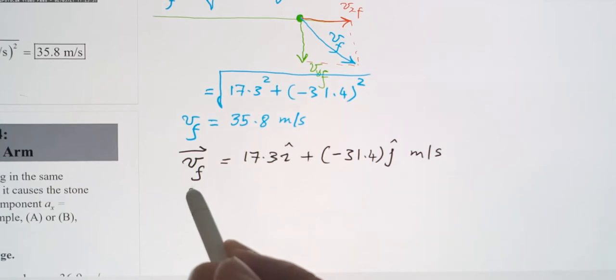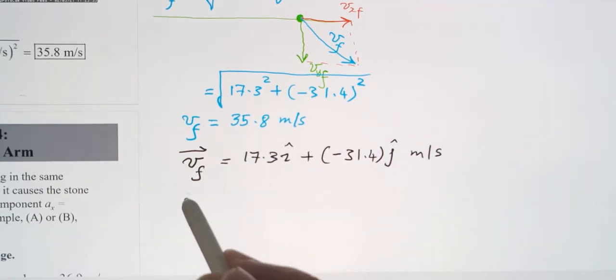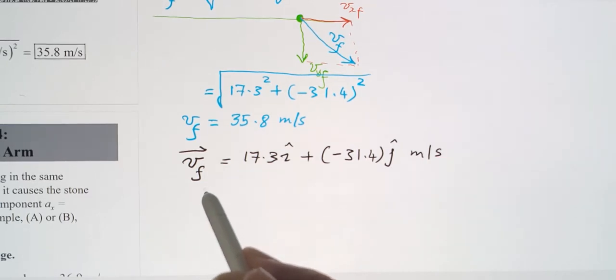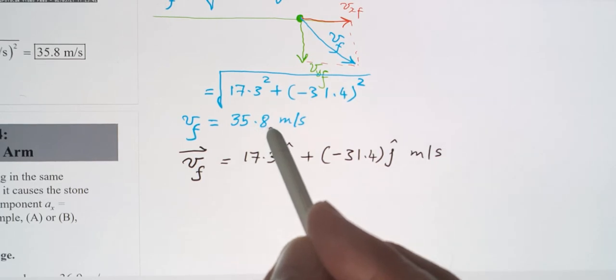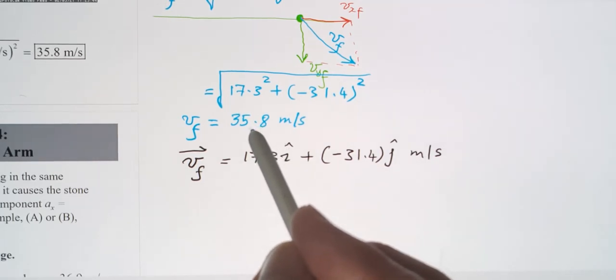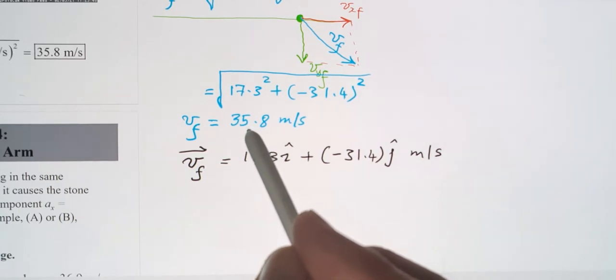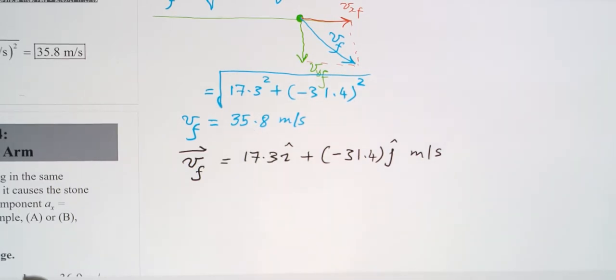So that's the final velocity. What's the final speed? This is the final speed. Clear?